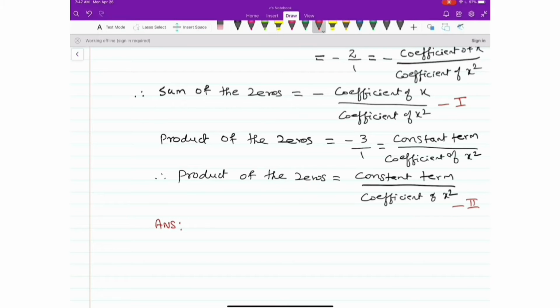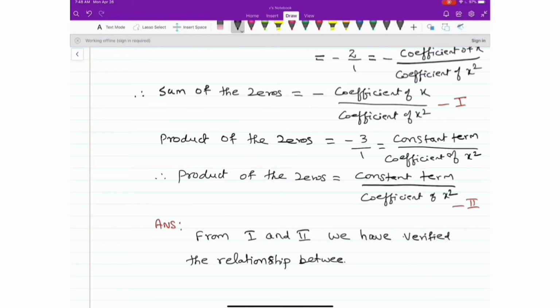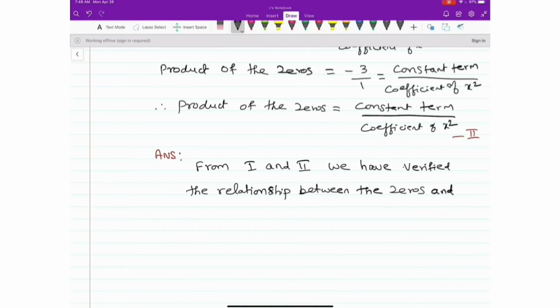Answer: from 1 and 2 we have verified the relationship between the zeros and the coefficients of the quadratic polynomial.